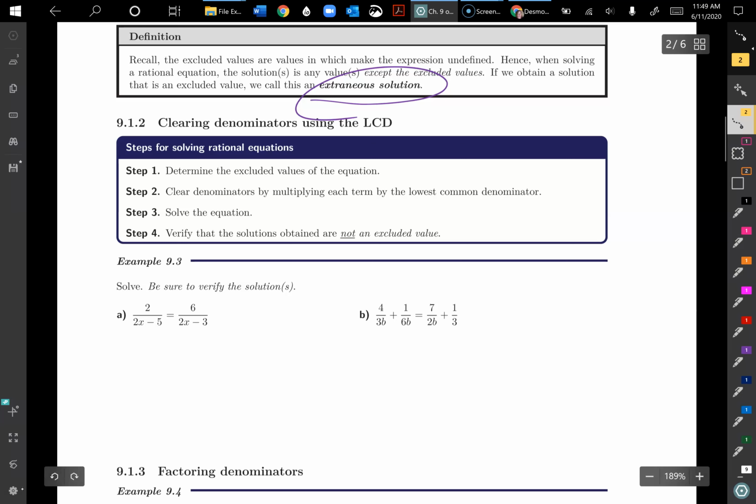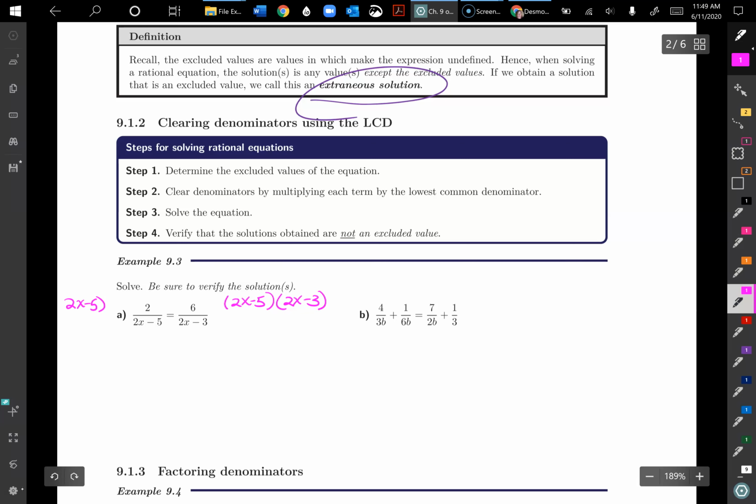So on this one, if you remember, we clear the denominator, we multiply by the common denominator. So in this case, we have factors. So we have 2x minus 5 and 2x minus 3. So I am going to multiply both sides by 2x minus 5 times 2x minus 3, because that's my lowest common denominator.